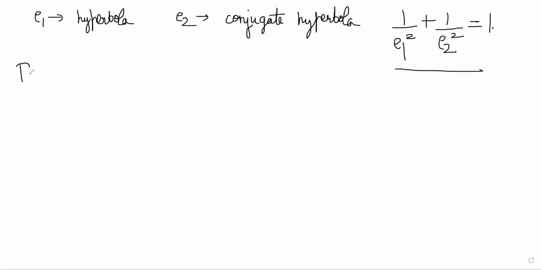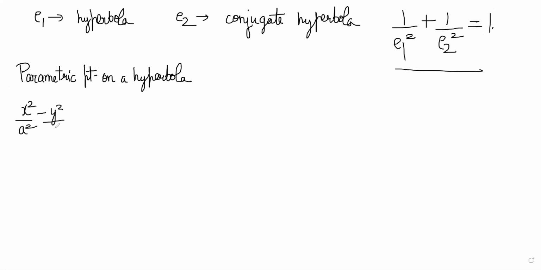what is a parametric point on a hyperbola? So let's say you have a hyperbola like this, x square by a square minus y square by b square is equal to 1, right? Then it is obvious that a sec theta comma b tan theta will satisfy this, right?